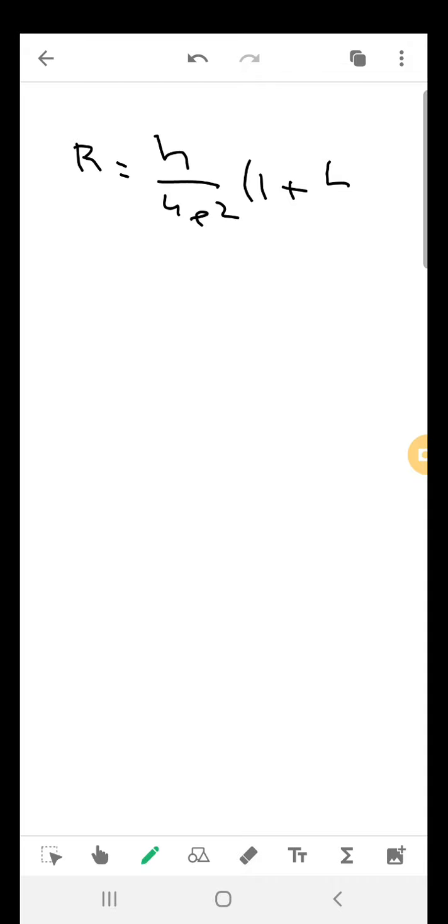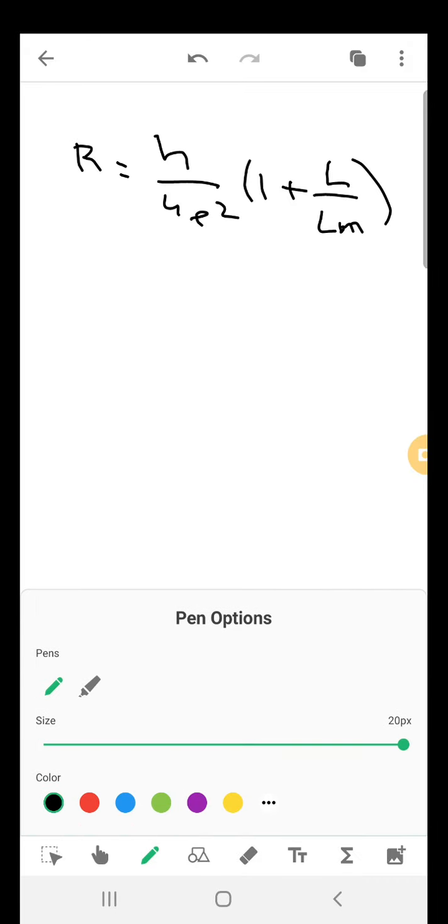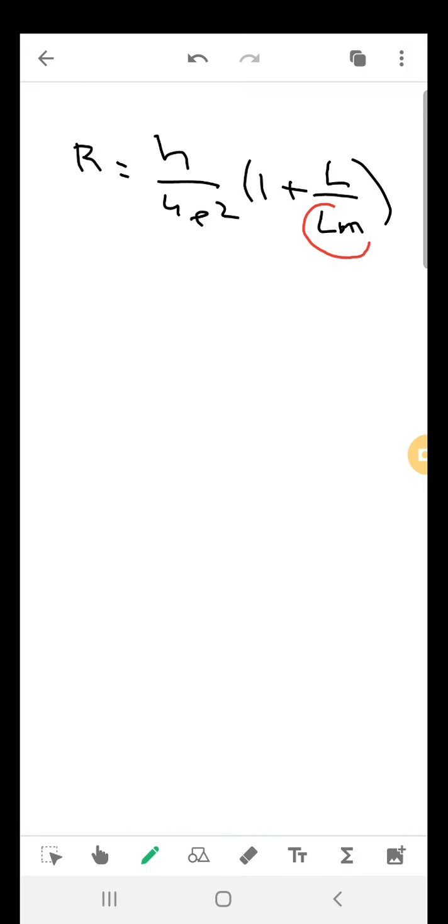So the new resistance R will be equal to h by 4 e squared plus the ratio between the mean free paths, where Lm is the ballistic mean free path, and L is the original mean free path.